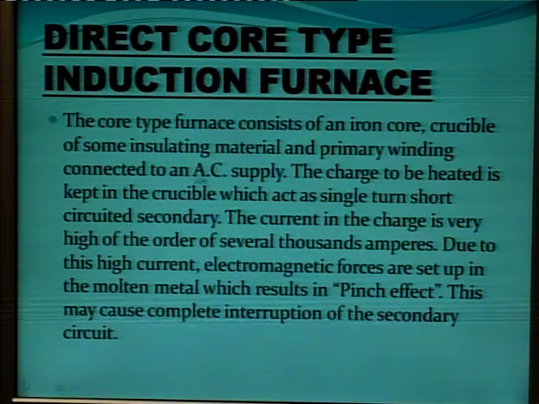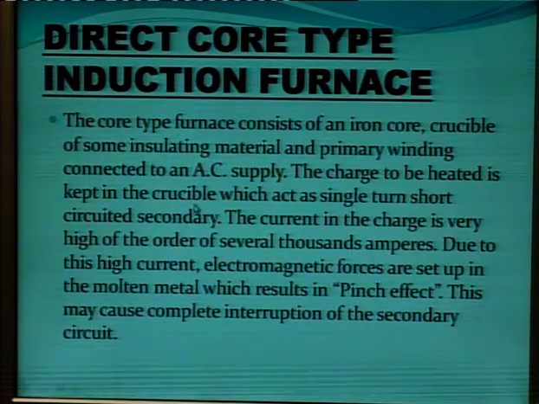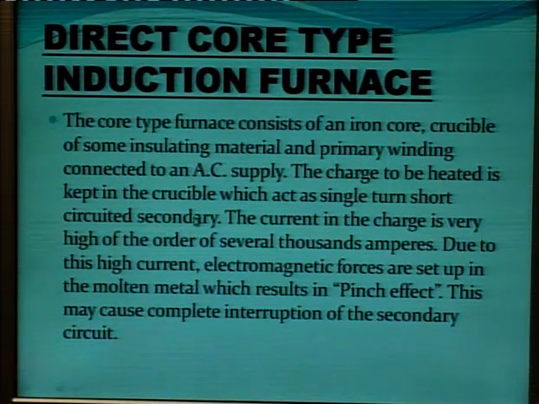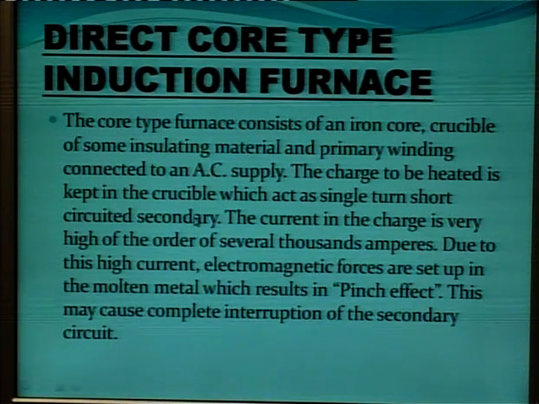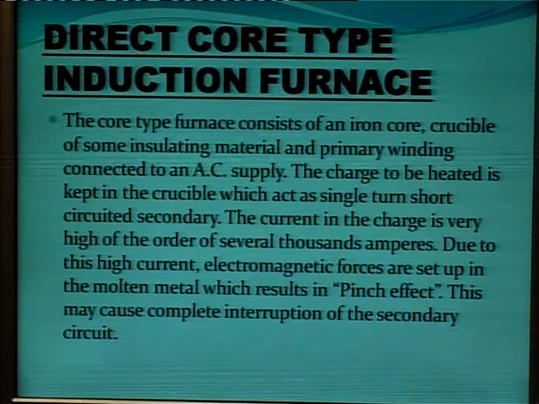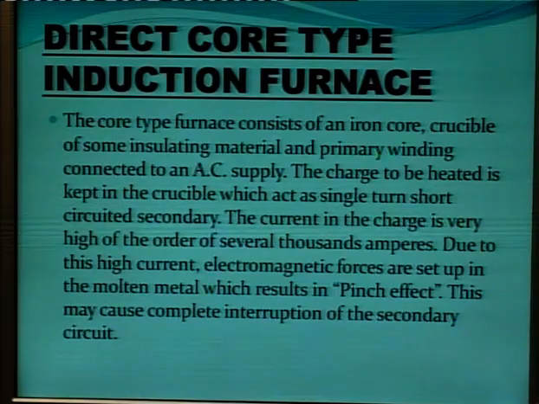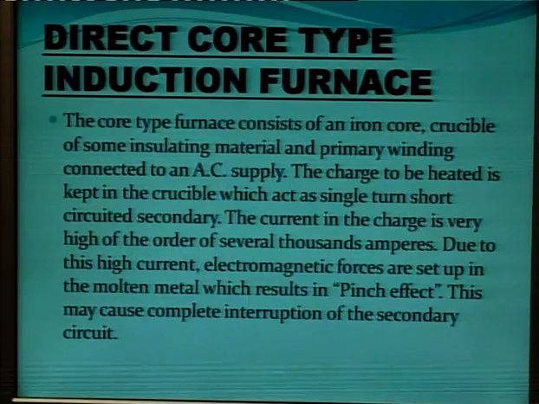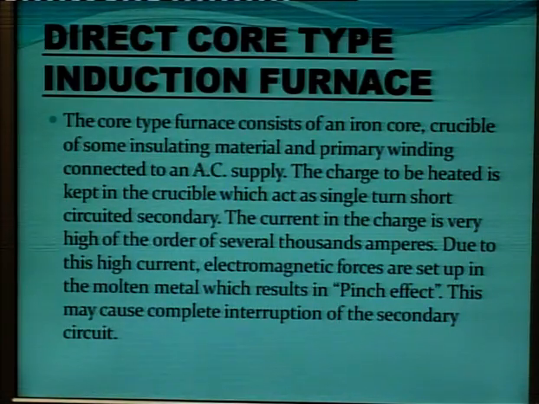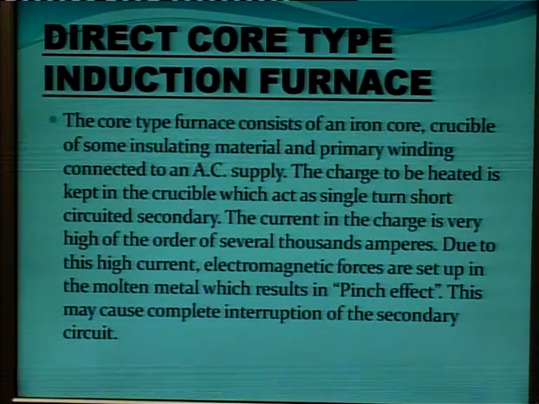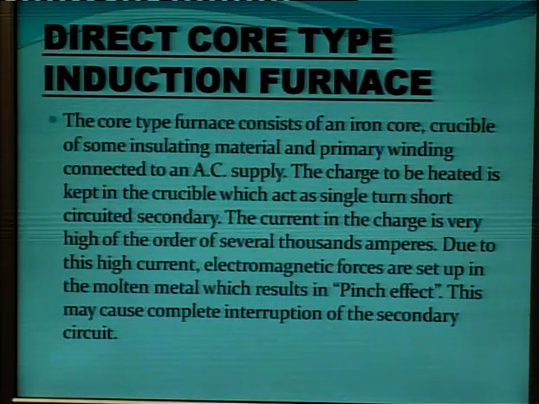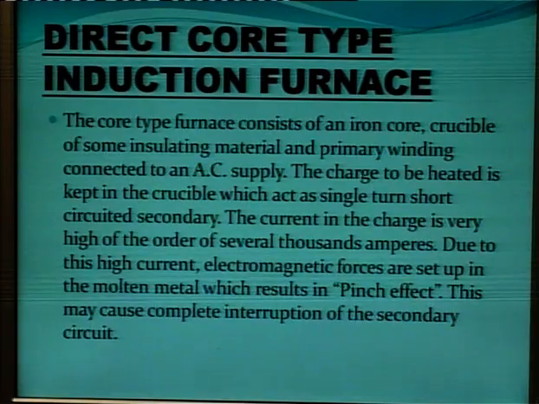Now the charge to be heated is kept in the crucible, which acts as single turn short circuit secondary. The current in the charge is very high, of the order of several thousand amperes. So due to this high current, electromagnetic forces are set up in the molten metal, which result in pinch effect. So this may cause complete interruption of the secondary winding.